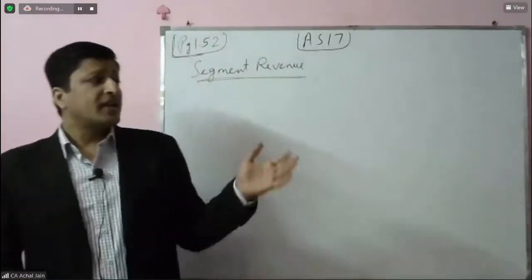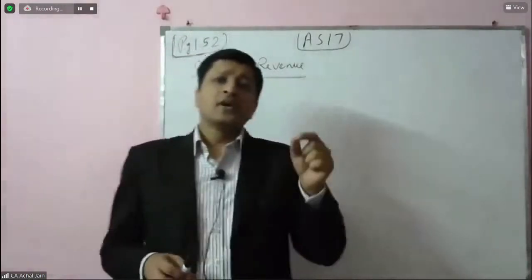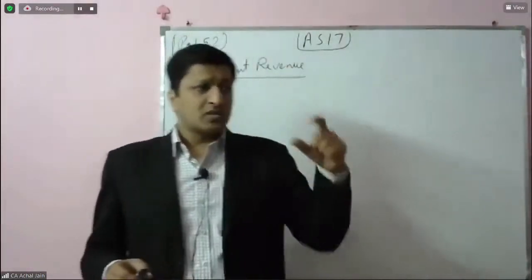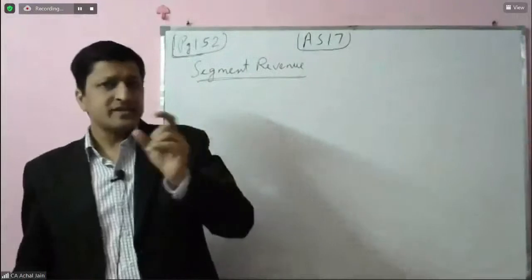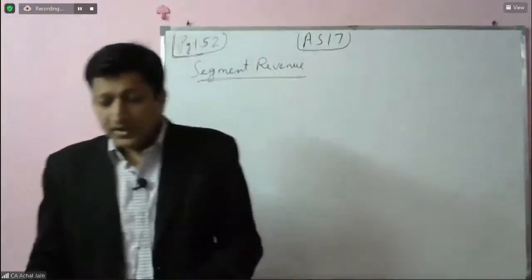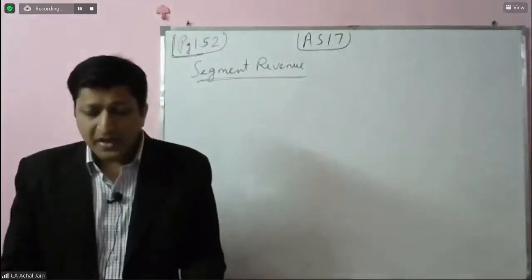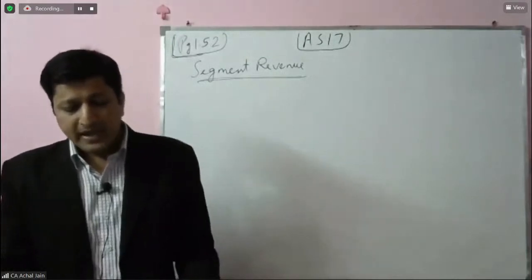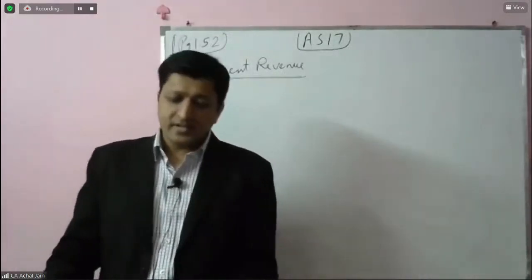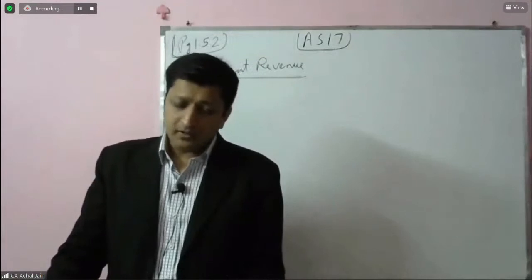Means within a company, as we discussed, if 90 is the sales, what is the sale for segment A, segment B, segment C? The relevant portion of enterprise revenue that can be allocated on a reasonable basis to a particular segment.